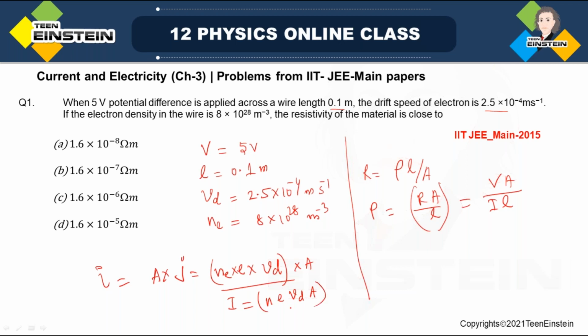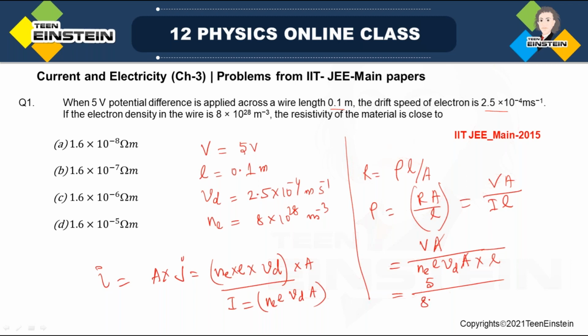Vd means drift velocity, Ne here is number density. So let us write it here: V A. V is the potential difference that we know. Here, in place of I, I will write Ne into E, drift velocity Vd, and this is A, and L is also given, that is 0.1 meter. See this A, both will cancel each other, and other things are known. This is 5 volt.